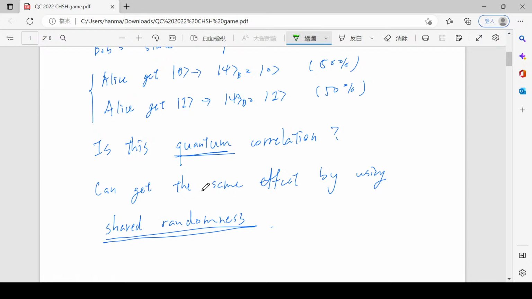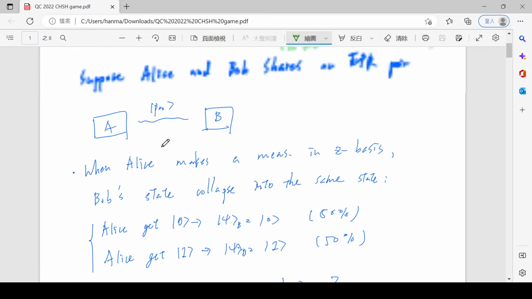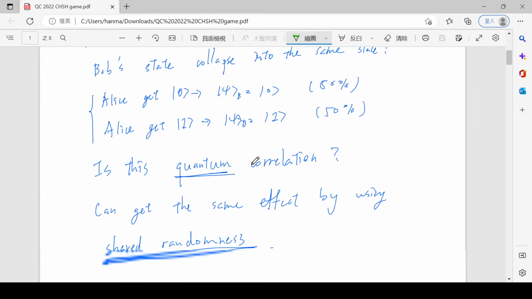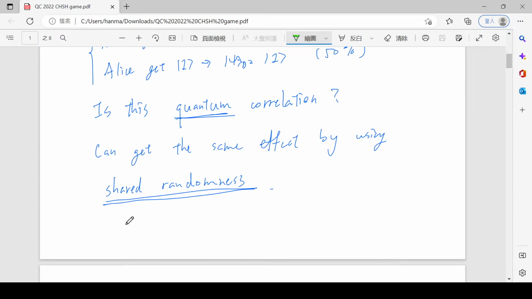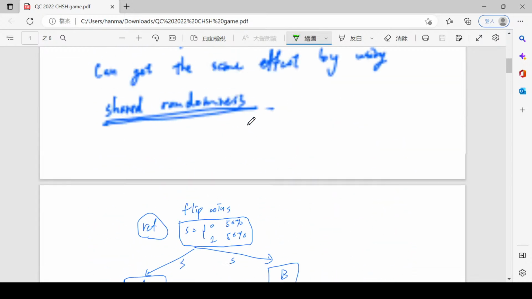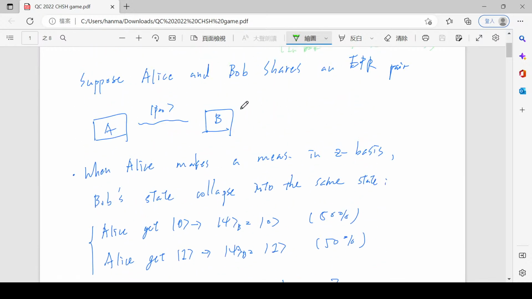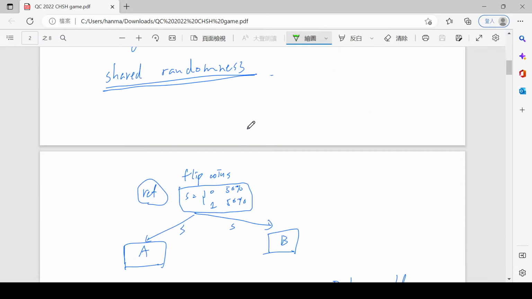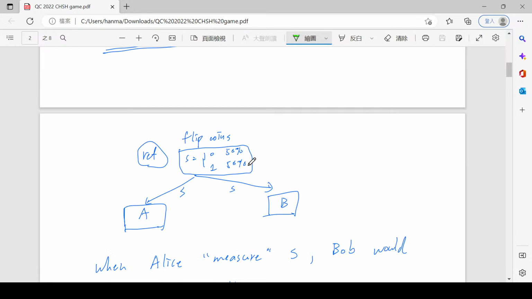That's because you can get this 00 and 11 correlation by just using classical shared randomness. Think about how we can get the same effect if someone just flips a coin, like doing a lottery number.